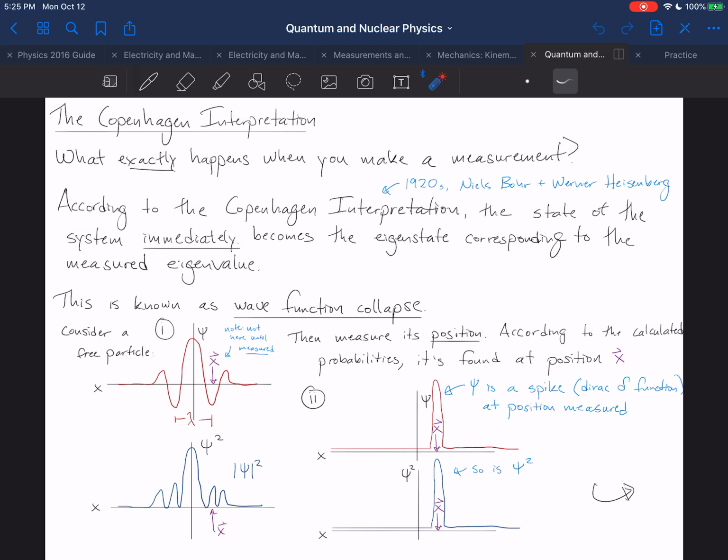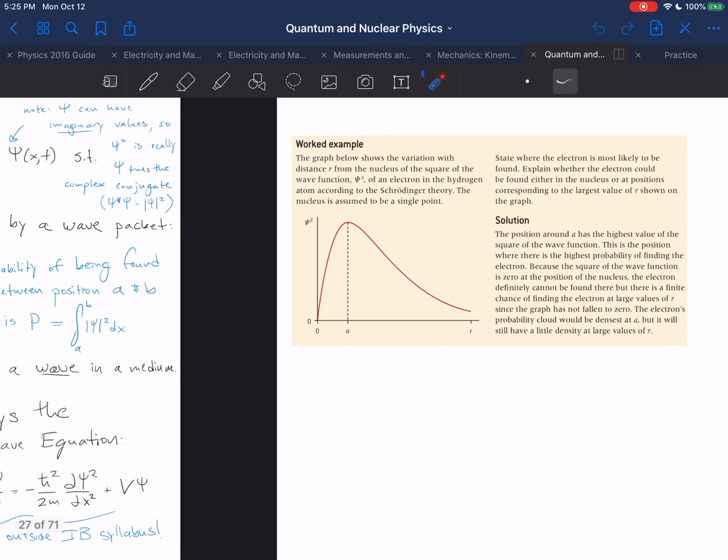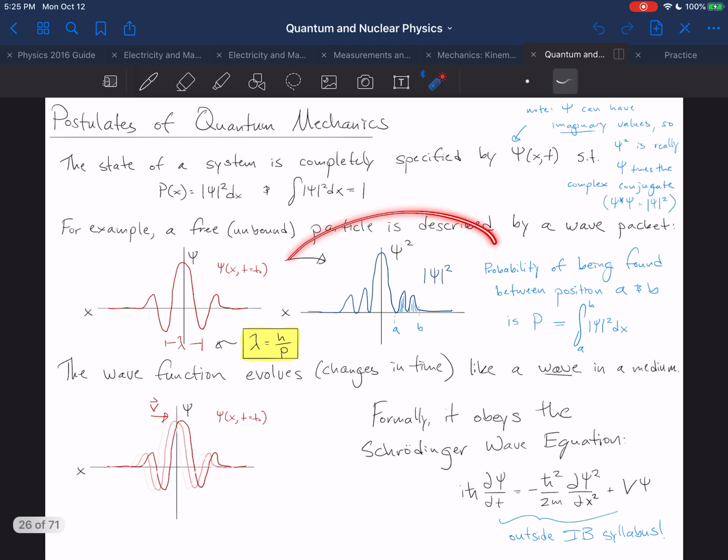The problem you might have observed is that if the probability of finding a particular particle is given by psi squared, then if you make a measurement and you actually find it in a particular location, you have just changed the wave function. If you find it right here, then you know it's there, which means psi squared has to be a spike exactly on that particular point.